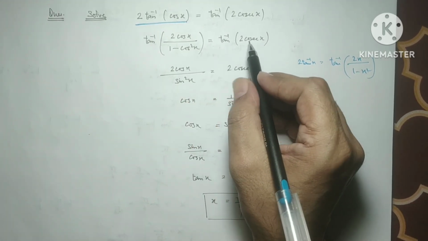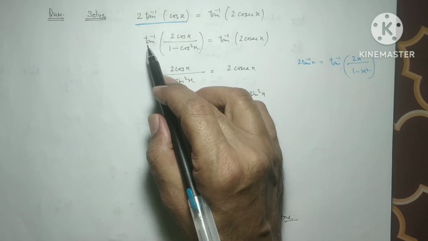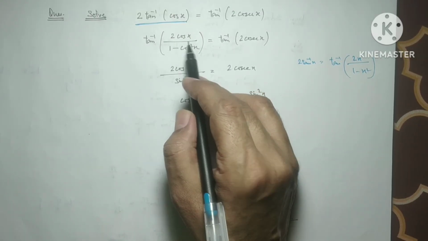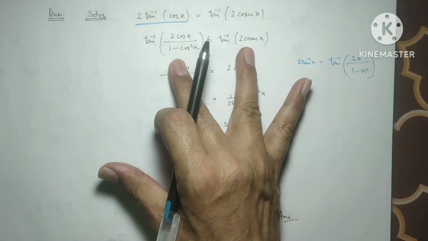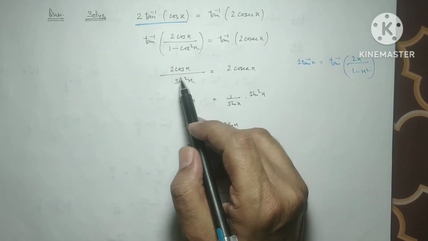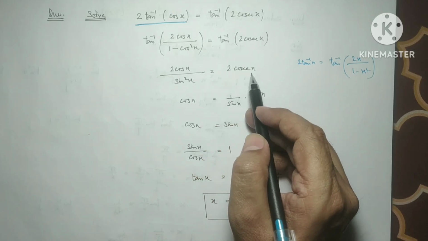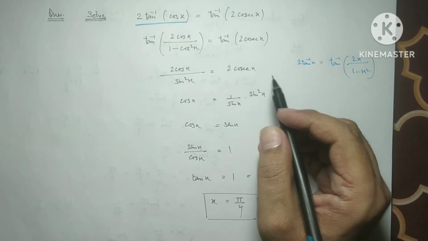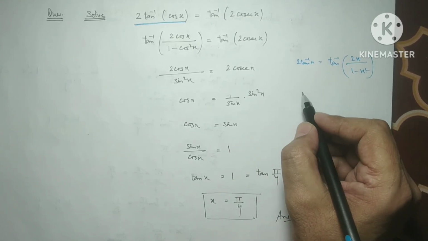Right now this is tan inverse 2 cosec x. And the left hand side is tan inverse of this and right hand side is tan inverse of this. So it means these are equal. 2 cos x over sin square x equals to 2 cosec x. Now convert the cosec x as 1 over sin x.